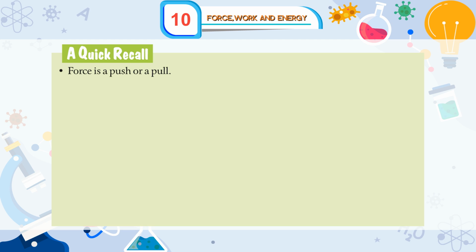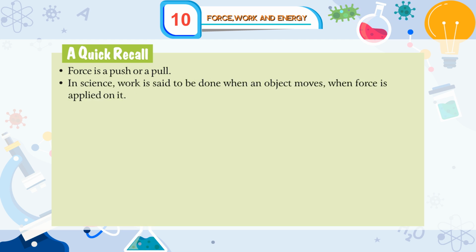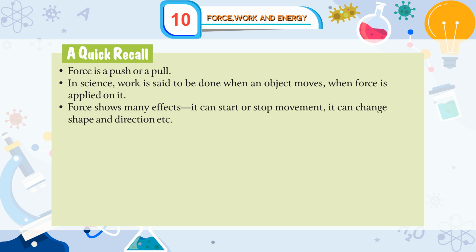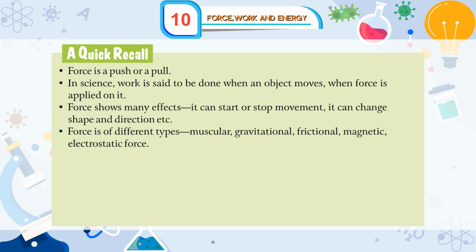A quick recall. Force is a push or a pull. In science, work is said to be done when an object moves, when force is applied on it. Force shows many effects. It can start or stop movement. It can change shape and direction, etc. Force is of different types: muscular, gravitational, frictional, magnetic, electrostatic force.